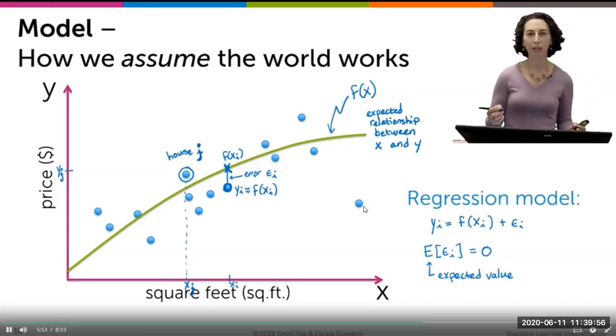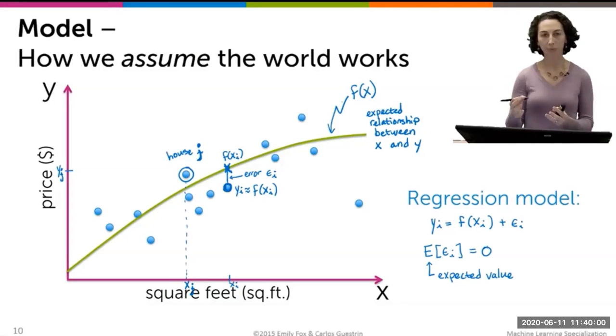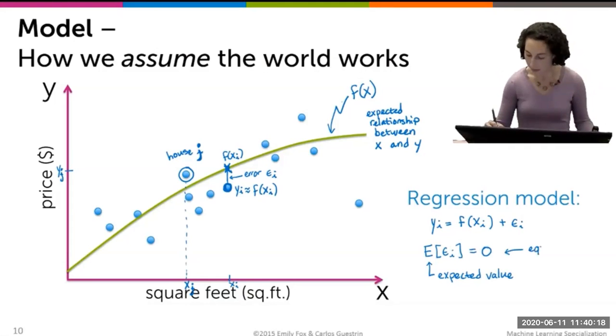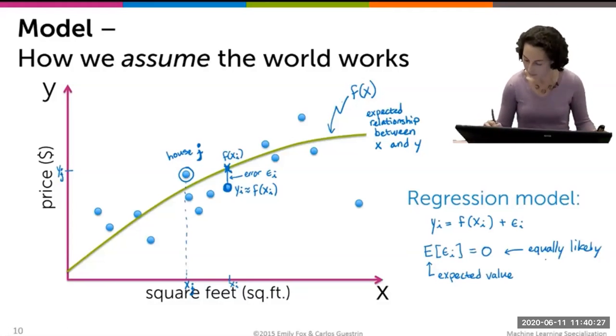What is expected value? Well, it's just a weighted average over all possible values that error can take, weighted by how likely the error is to take each of those values. But what this is saying, that our expected error is going to be 0, means that it's equally likely that we're going to have positive or negative error for any given house sale.